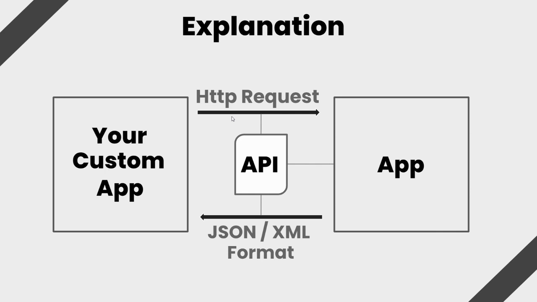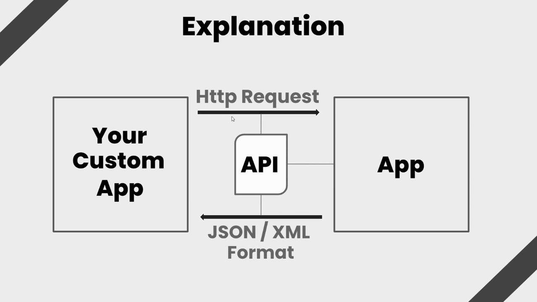This means it doesn't send you the response directly, it only sends it to the API. And then the API will take that response back to your custom app. And then you would see that your app now has a Google Map embedded in it. So that's how basic APIs actually work.